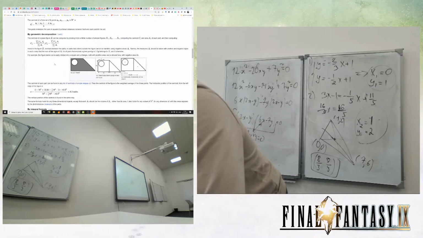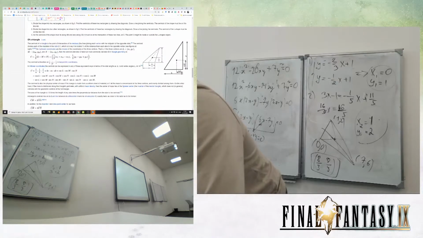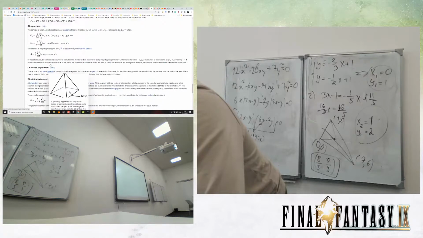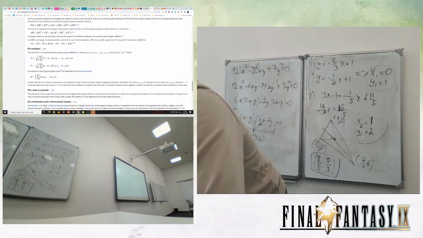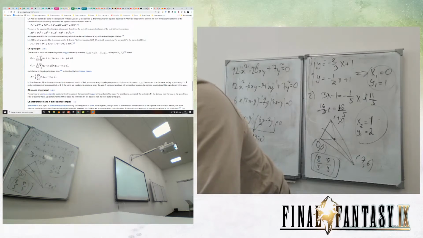Plumb line method, geometric decomposition, integral formula of triangle, of polygon, of cone. So it looks like this. But actually no why. It seems it's better to try to handle how this equation appears. Shoelace. Okay.